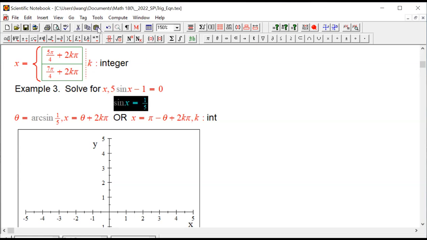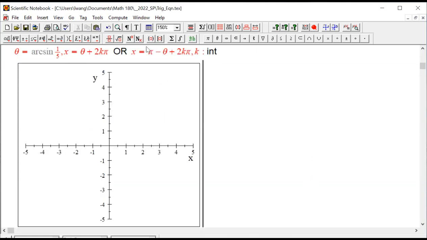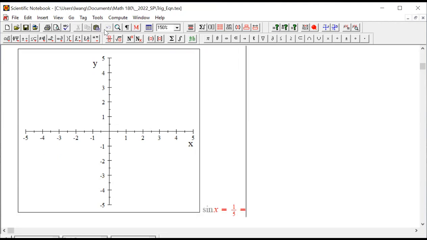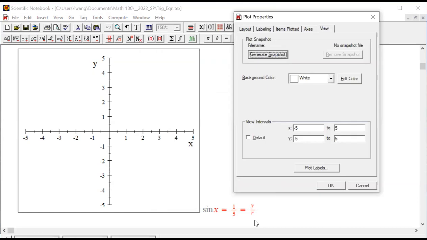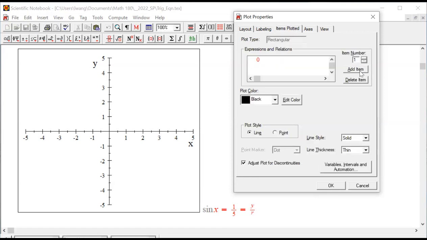Remember, sine x equals 1/5, that's y over r. So r is 5, y is 1, so I can put that terminal in place. If y is 1, r is 5, then I'm going to put the point in place.